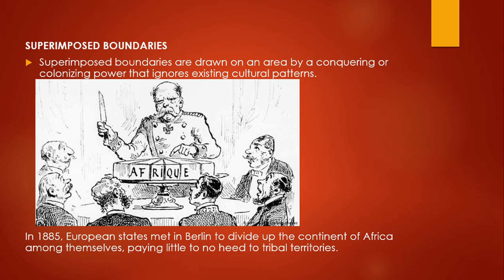So when conquerors arrive in a certain country, they divide that country into territories to be ruled among themselves, disregarding tribal territories, like for example the United States of America.